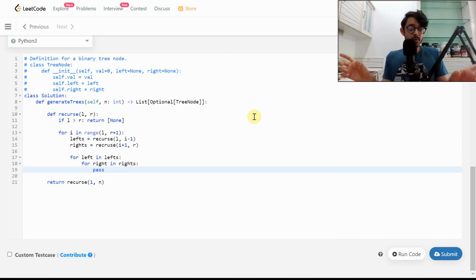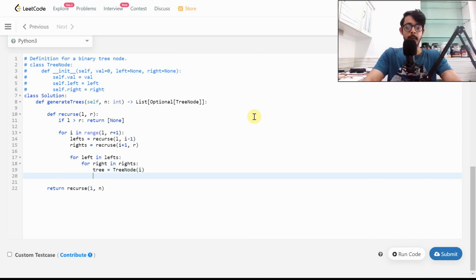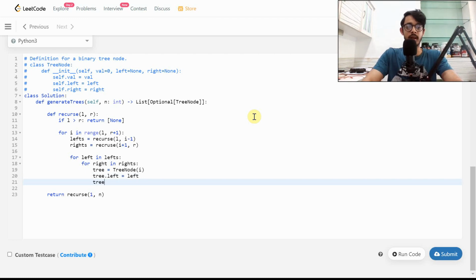And for each of these cases, for each left in lefts and for each right in rights, let's create a particular tree, which is the tree in consideration right now, which is going to be a TreeNode of I. I is the current node. Tree.left simply becomes left and tree.right simply becomes right.